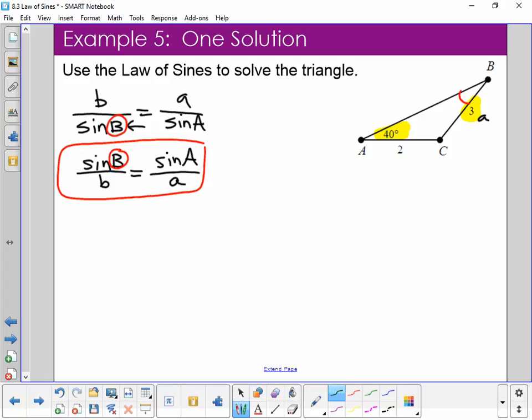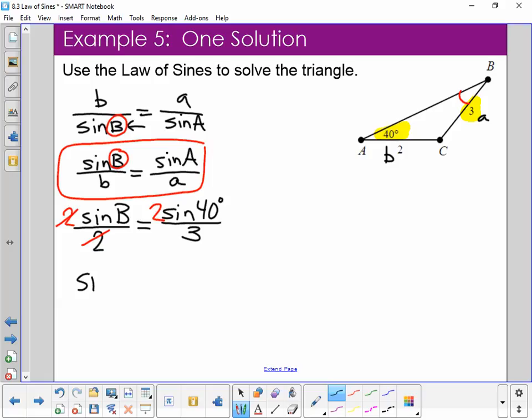So let's put our information in. The sine of B, that's what I don't know, over 2 is equal to the sine of 40 degrees over 3. This time to solve for B, right now it's the sine of B divided by 2, so I'm going to multiply both sides of my equation by 2.